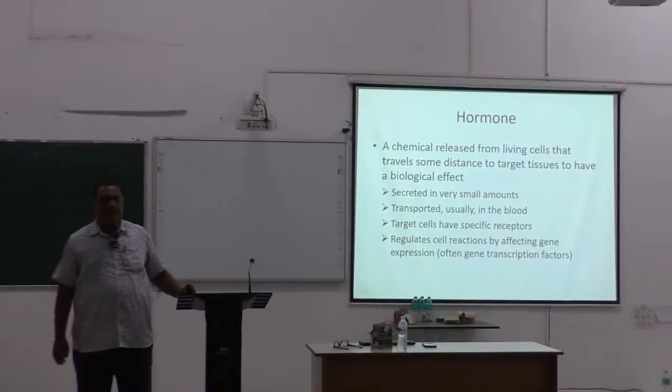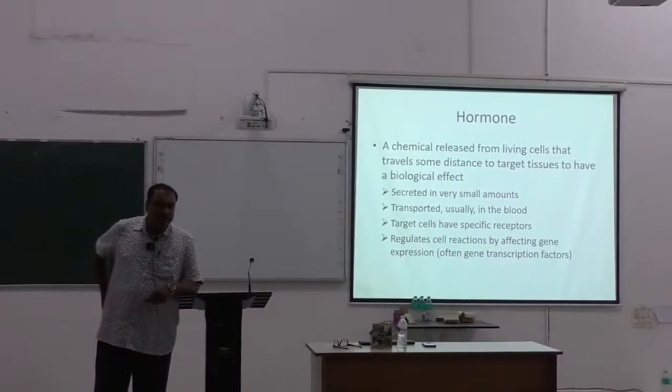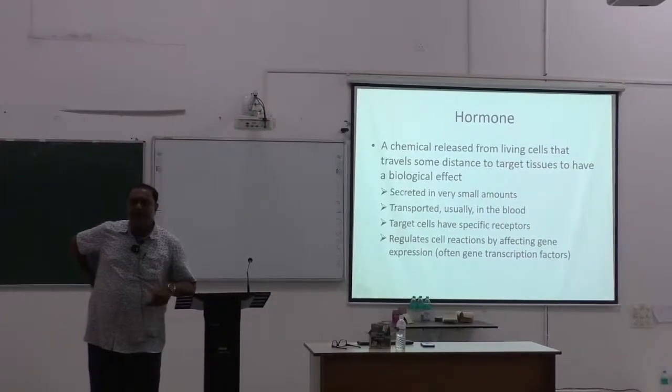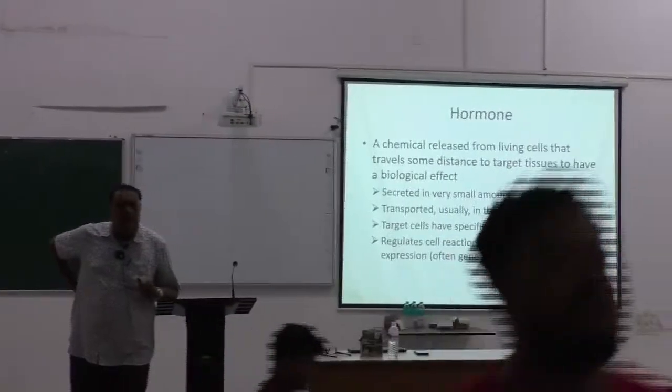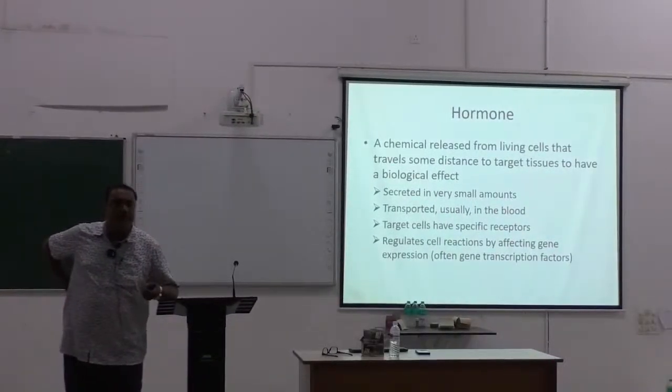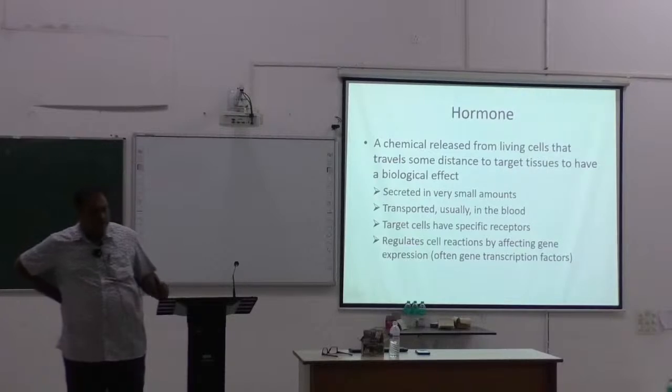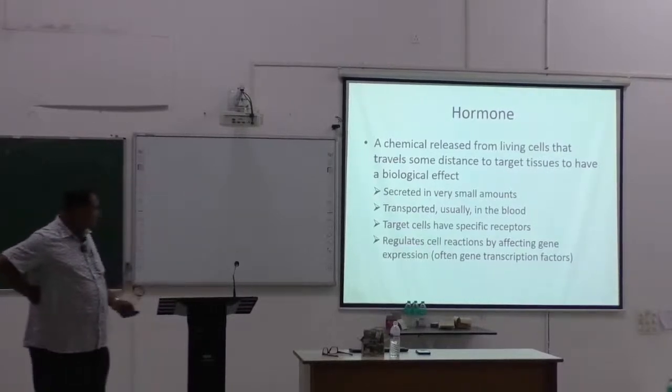Obviously, say for example, vitamin D will increase production of CBP, calbindin protein or calcium binding protein. That means it will increase the absorption of calcium from the gut. How will they increase the production of CBP? By increasing the rate of transcription. Correct? This one is for example.